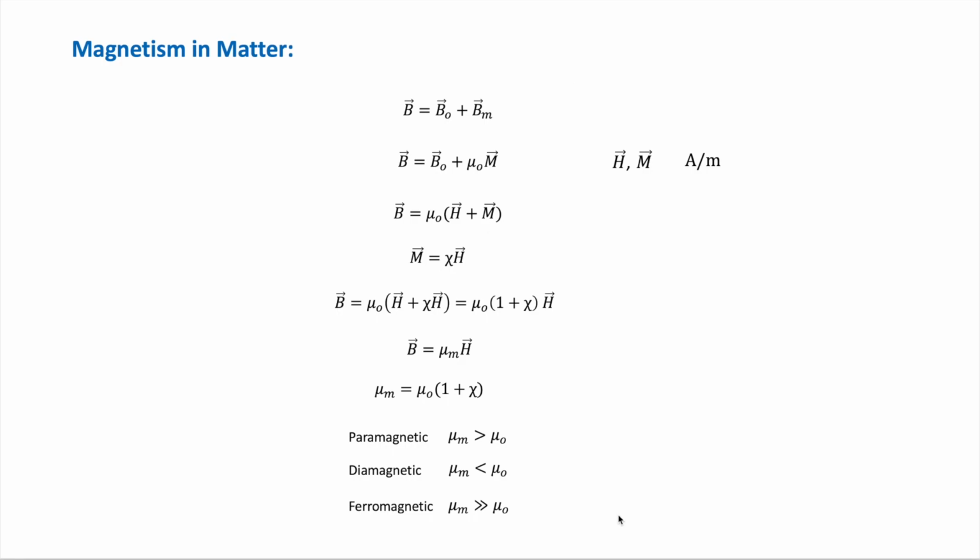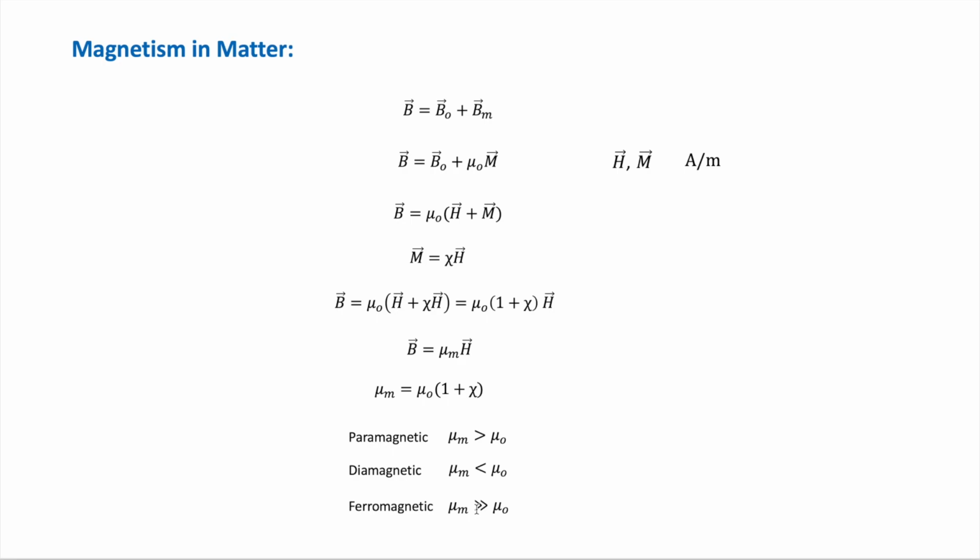So if we substitute for M, we get this expression, and we may write it as B is equal to mu M times H, and the mu M is the magnetic permeability of the substance, okay? And it is equal to mu naught times 1 plus chi. And so the materials can be classified as paramagnetic if mu M is greater than mu naught, diamagnetic if it's less, and ferromagnetic if it's much larger than mu naught, okay?